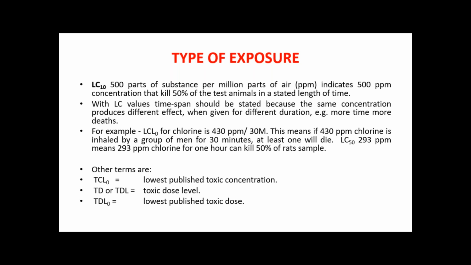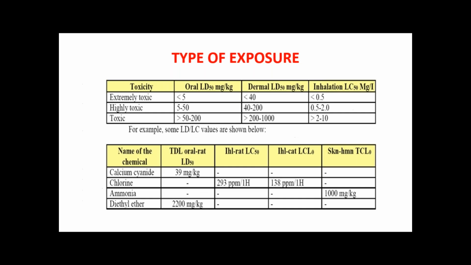Other terms are the lowest published toxic concentration, TCL0, toxic dose level TDL, and lowest published toxic dose TDL0. These values are also used, but the famous and commonest is the LD50 value.